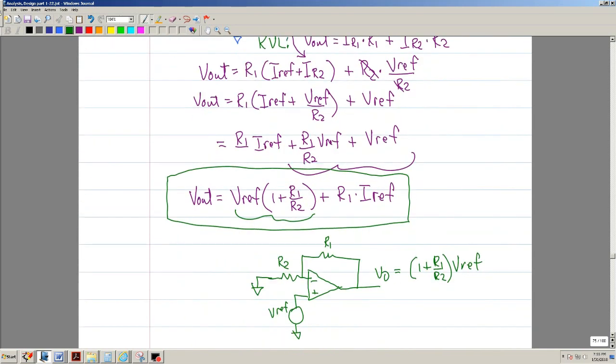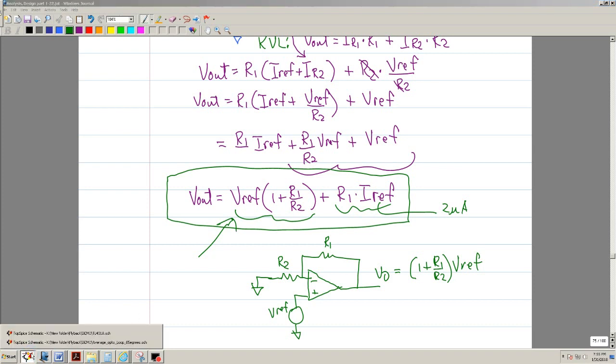The only difference is that this has a term, and typically this is small. It's usually 2 microamps. So this is typically small. So the dominant is going to be that.